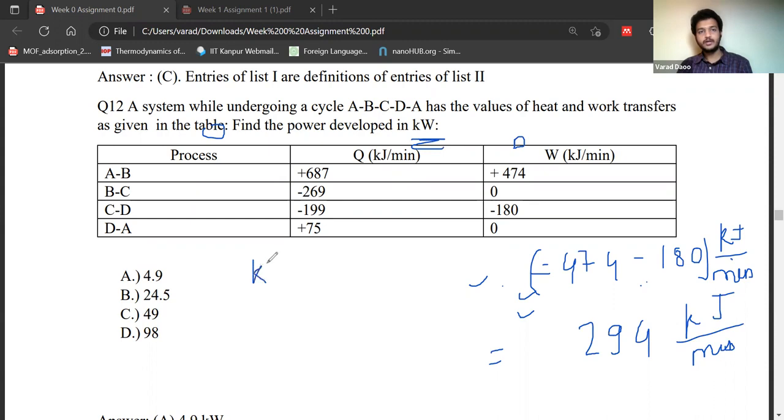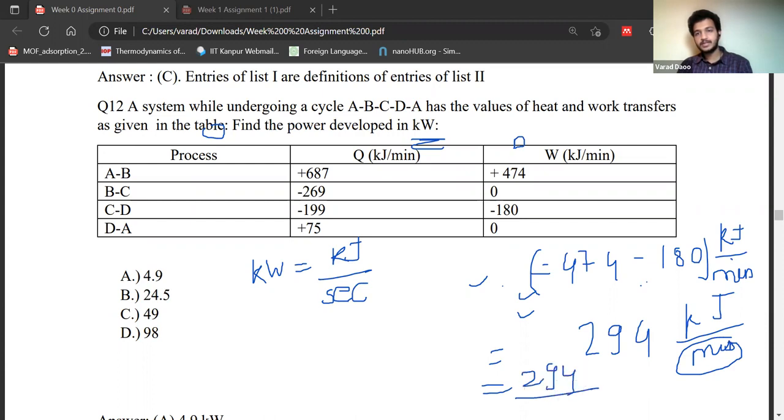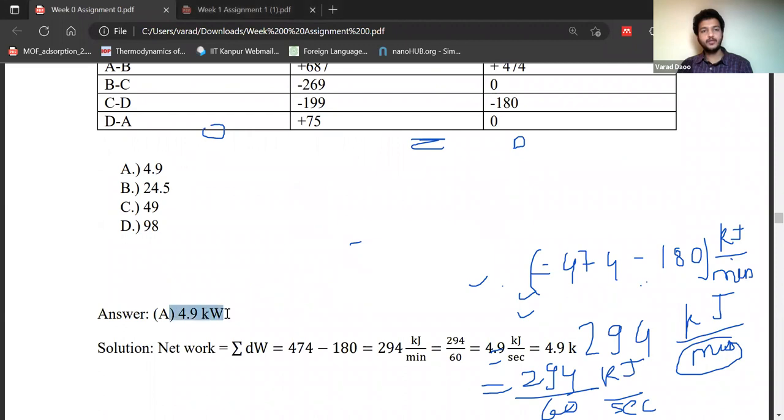What is kilowatt? Kilowatt is nothing but kilojoule per second, right? So we need to convert this minute to second. So how do we do it? We just divide it by 60. This will be kilojoule per second, okay, which corresponds to this value, right? Okay, 4.9 kilowatt.